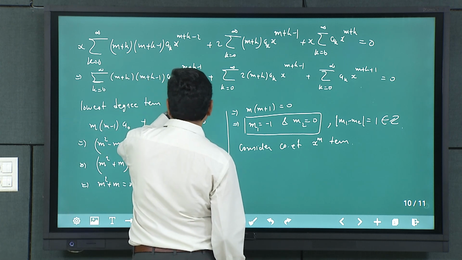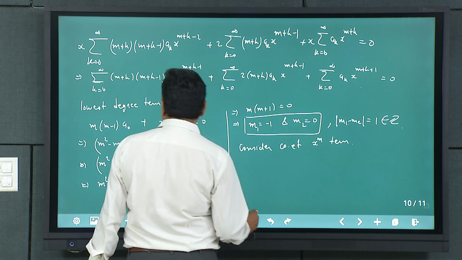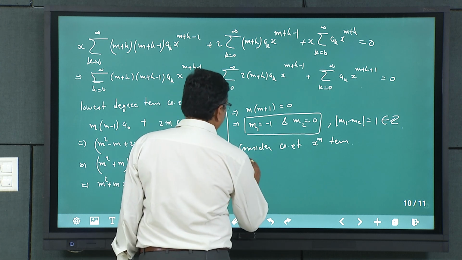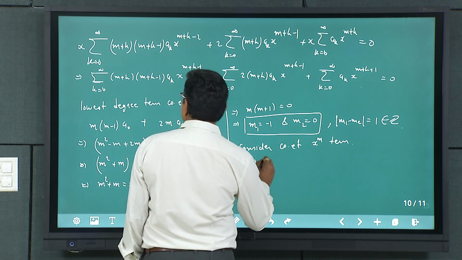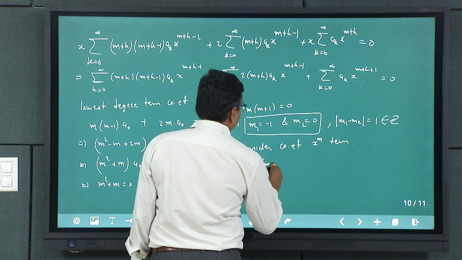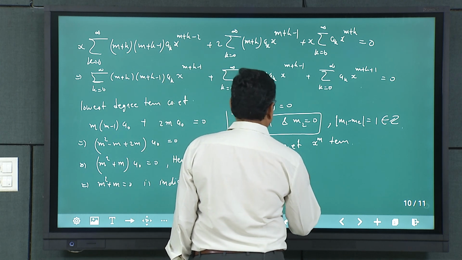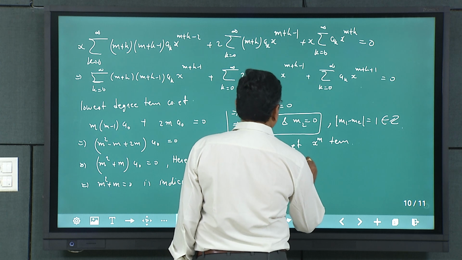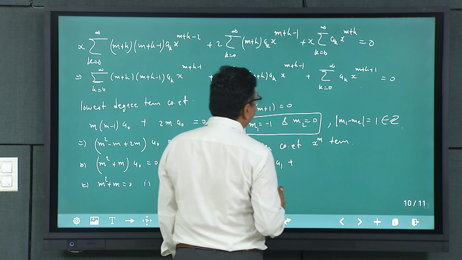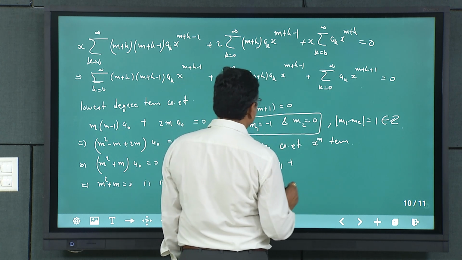So here I need k is equal to 1. So (m plus 1) into m a1, plus here take x raised to m, so k is equal to 1.